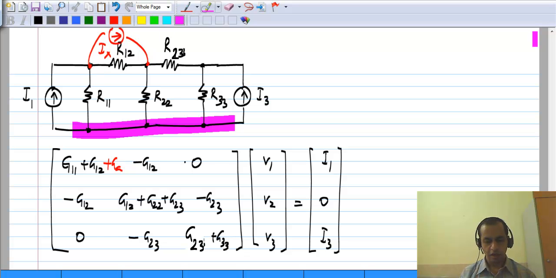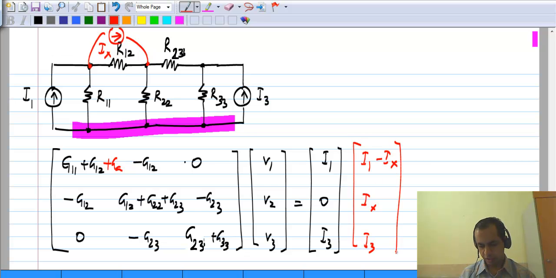Again, Ix is being pulled from node 1, so this becomes I1 minus Ix, and Ix is being pushed into node 2, so it becomes plus Ix, and I3 will remain as it is. So the source vector changes whenever you change the sources, which are current sources in the present case.